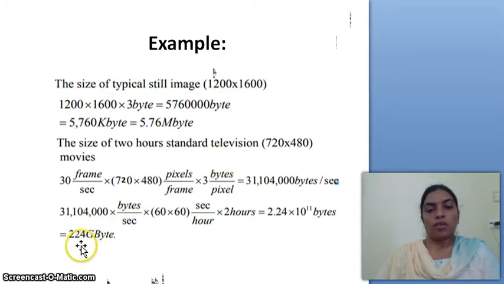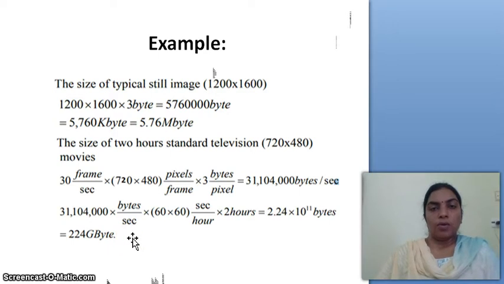That means how much? 224 gigabytes. Observe. So without compression, is it possible to see so many videos with a 2 GB daily plan? No. With a 2 GB daily plan, we see a lot of videos, a lot of images and video calls, and some data is stored and some data is transmitted.